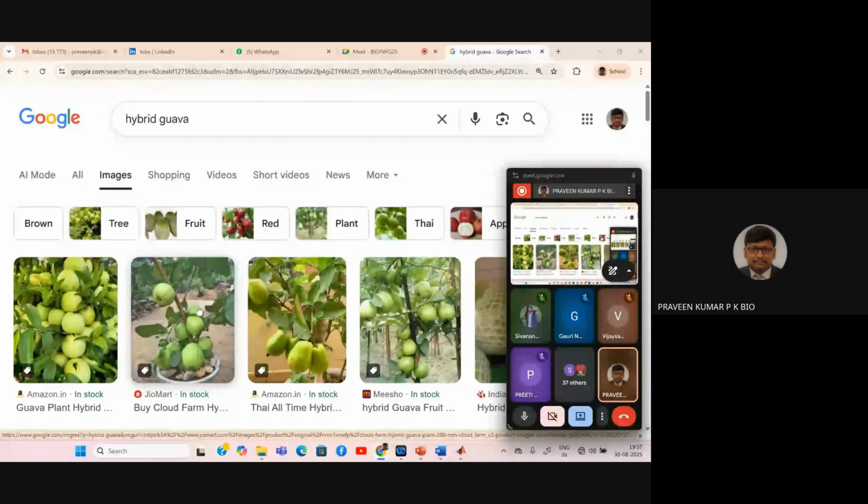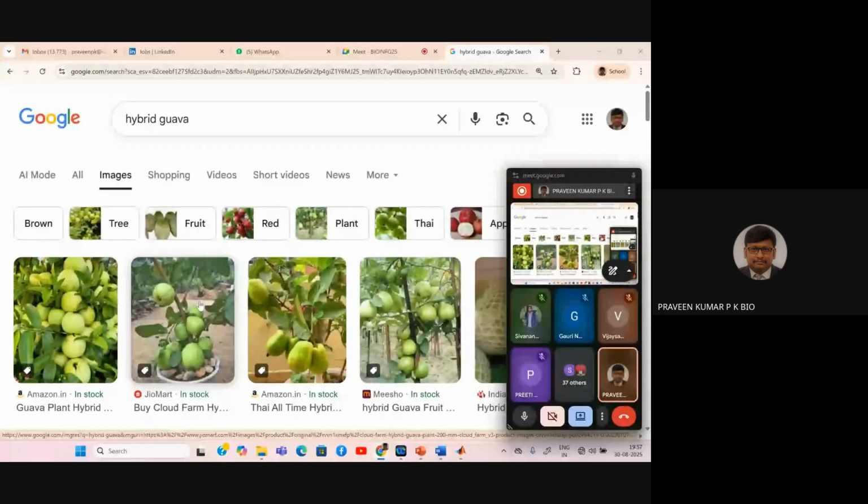So plenty of genetic engineering happened in these hybrid guavas. The first gene: what gene is silenced in the raw guava? The one producing plenty of seeds, so we are reducing the number of seeds. Of course, we can't even find seeds in these hybrid guavas.